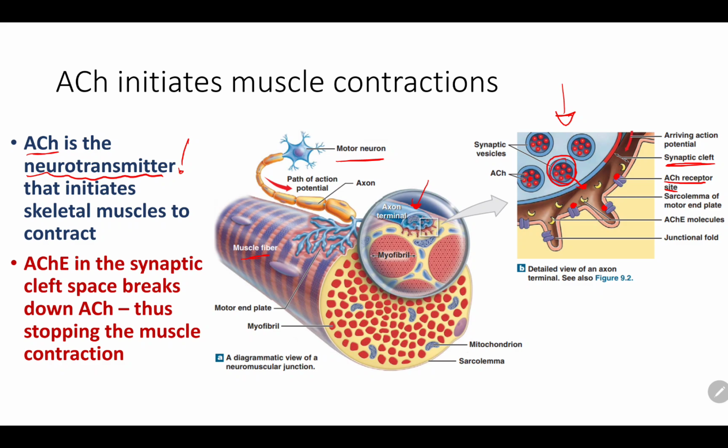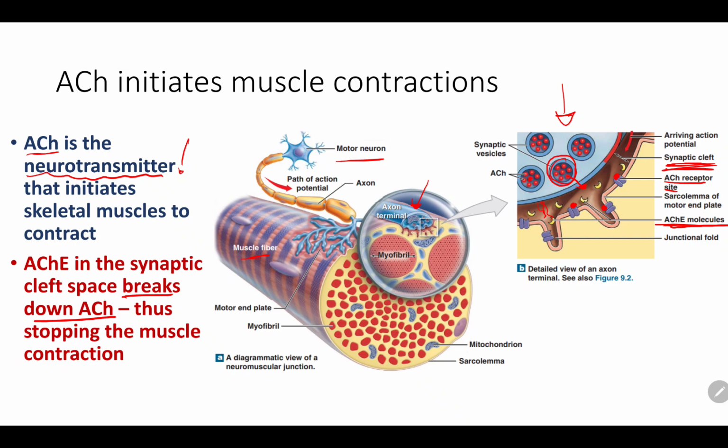Now remember, I said it only has about half a millisecond in that synaptic cleft space. And so what we have also in that synaptic cleft space is this AChE molecule. This is acetylcholine esterase, right? This is an enzyme that's going to be in the synaptic cleft space that breaks down acetylcholine, stopping that muscle from contracting, right?